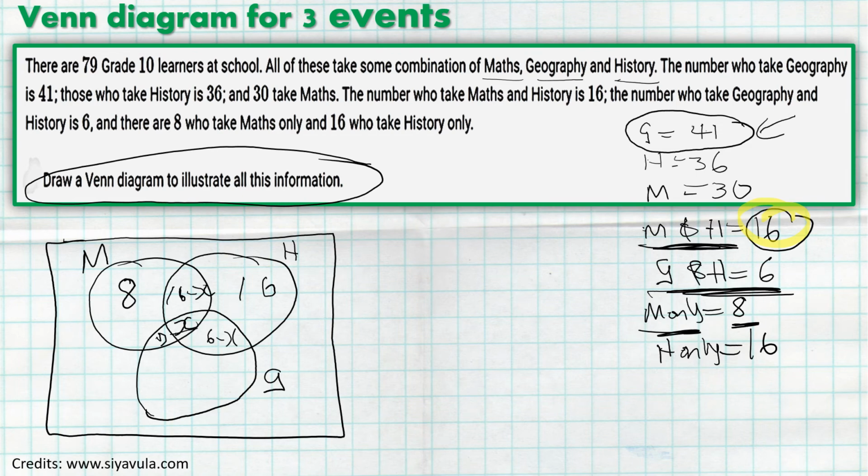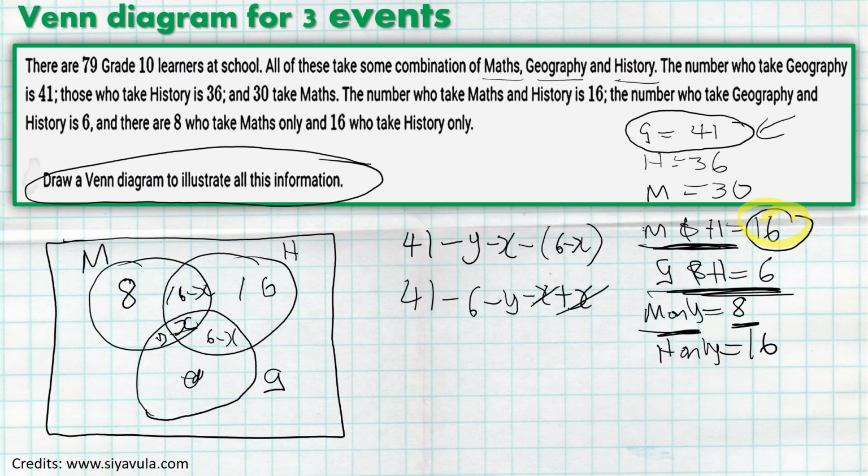Because the total is 41, you can subtract the rest of the things to get geography only. So you say 41 minus Y minus X minus (6 minus X), so that you can get geography only. So it's going to be 41 minus 6 minus Y minus X plus X.